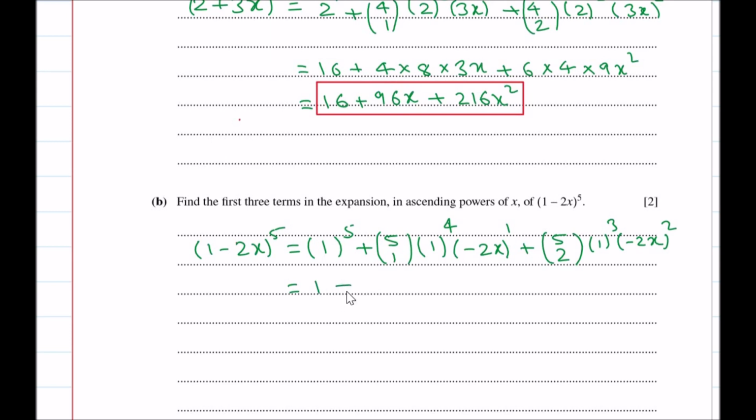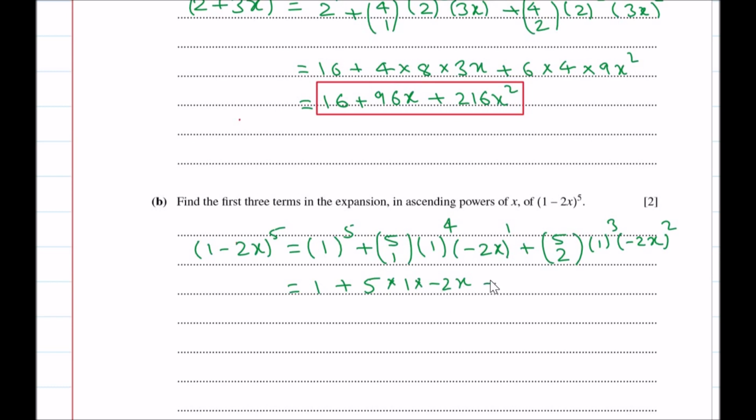So 1 plus 5C1, and 5C1 is 5. 1 power 4 is 1, into minus 2x, power 1, minus 2x.